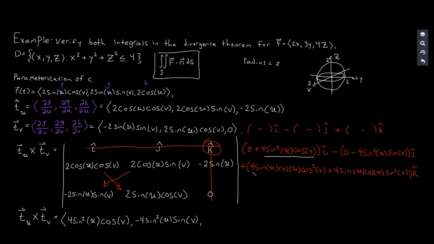So if we just factor this 4 sine of u times cosine of u out of both, we can be left with a Pythagorean identity. So I'm just going to take it out. I'm taking out the 4 sine of u and the 4 cosine of u. I'm going to snag those right out of there. And, well, let's do it in order: cosine squared of u plus sine squared of u.